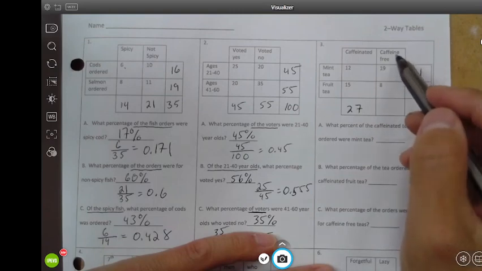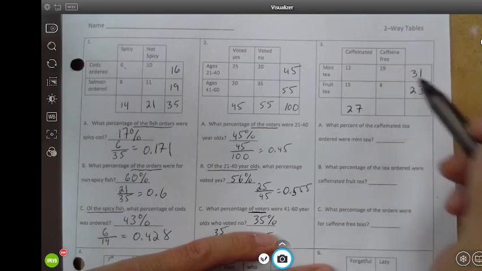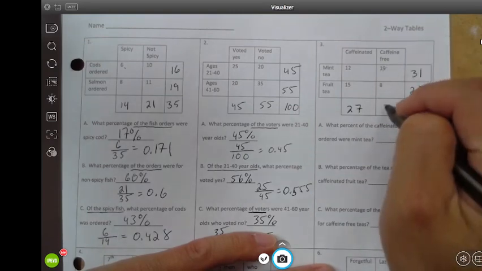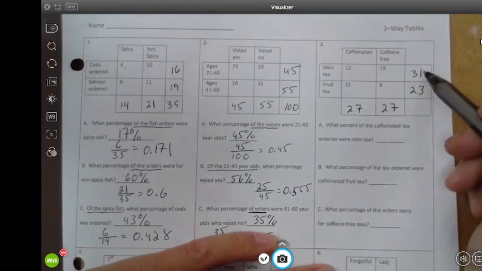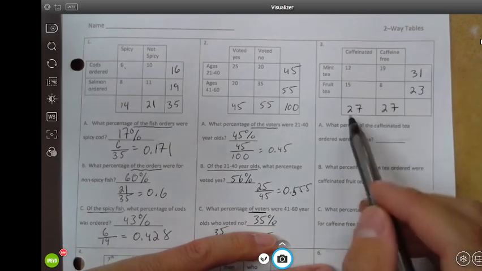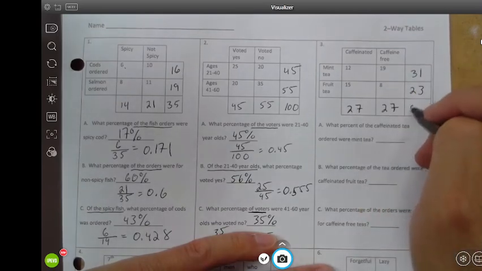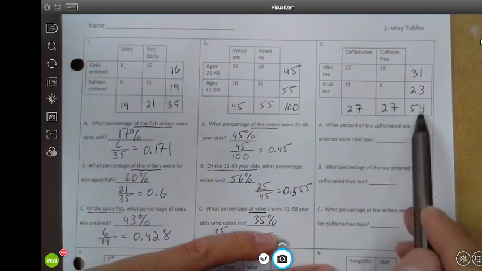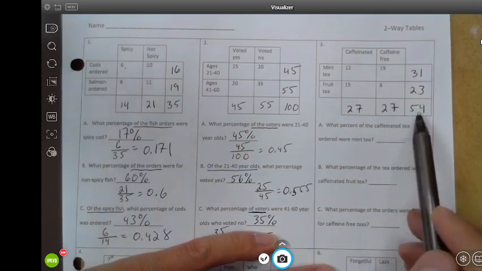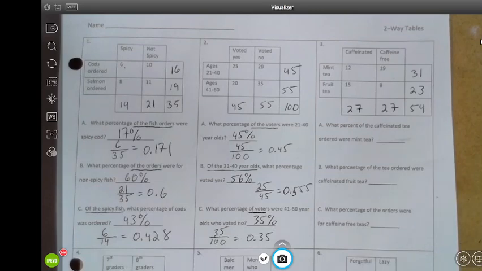And then caffeine-free, 19 plus 8, that is also 27. All right, so 31 plus 23, that's going to be 54. 27 plus 27 is also 54. And again, just a reminder, 12 plus 19 plus 15 plus 8, that's also going to give you 54. Okay, any of those ways can get you the total.